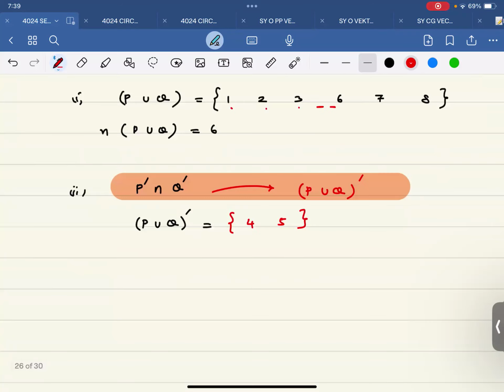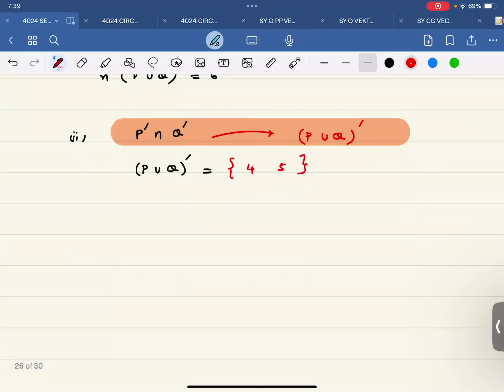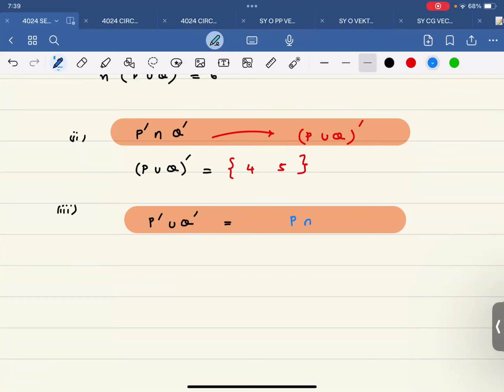The other rule that we are talking about is for knowledge's sake. If they had asked a part 3 about P complement union Q complement, that's the same thing as P intersection Q, the whole thing complement.